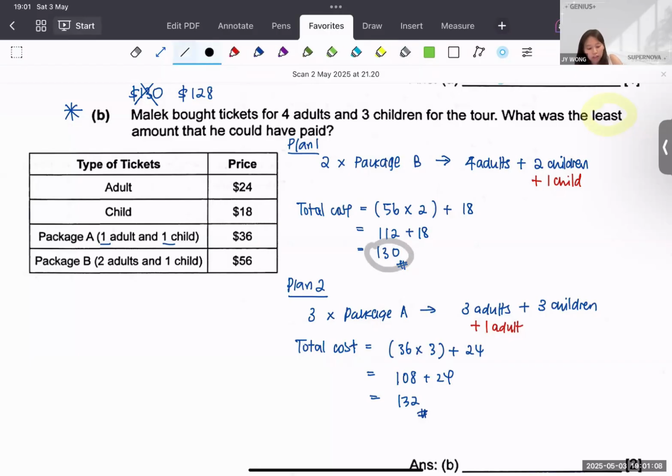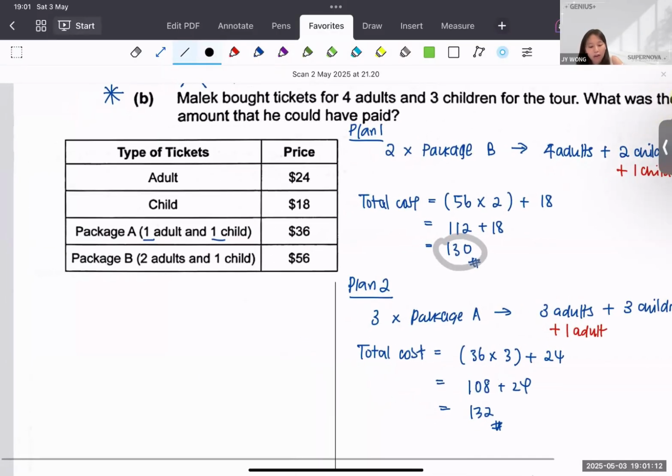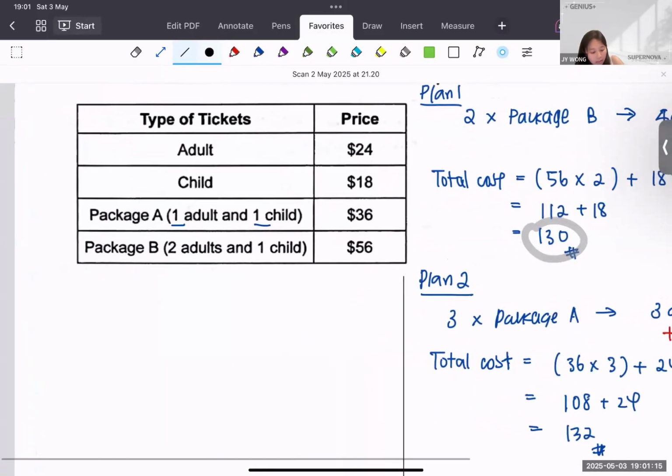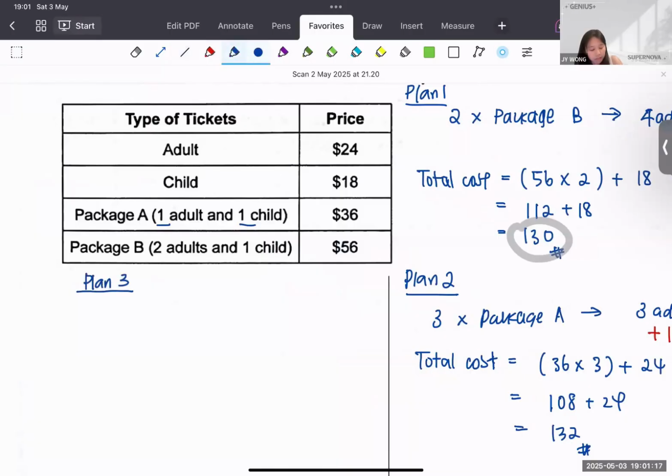But most of you did not see the third plan, which is why most of you got $130. Plan 3, you can actually mix and match package A and B. What do I mean by mix and match?